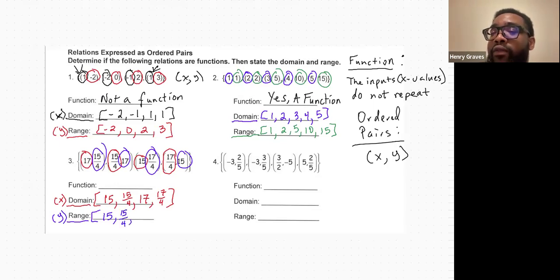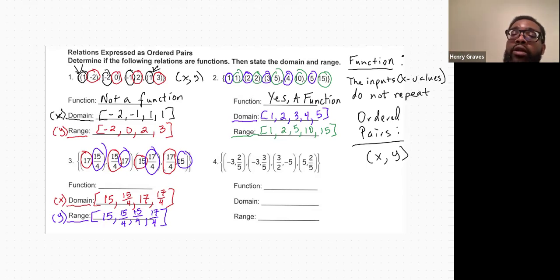We got one 15/4, then we got 17, and then we do have two 15/4. It's my bad. Then we have 17/4. And because all these domain numbers, x numbers, are all different, this is going to be a function, yes.